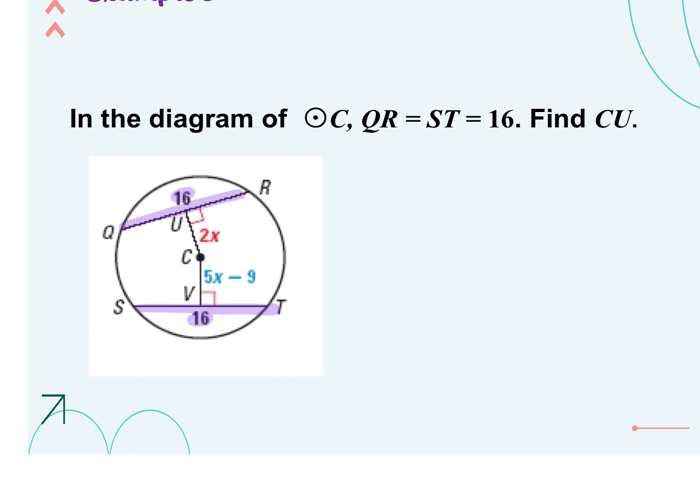So what I can do here is I can use my equidistant chords theorem to find the value of x, and then I'll plug it back in to find CU.